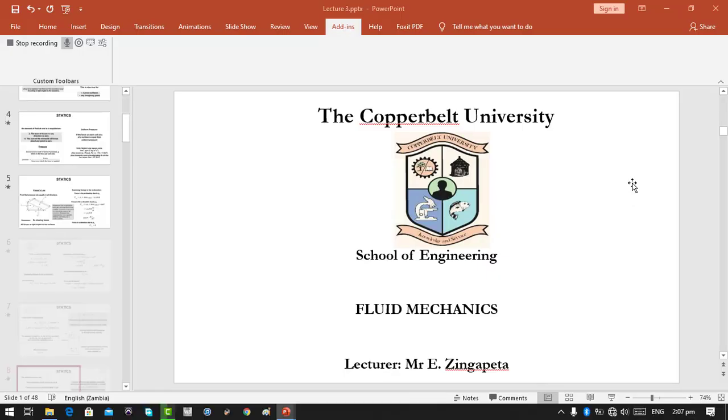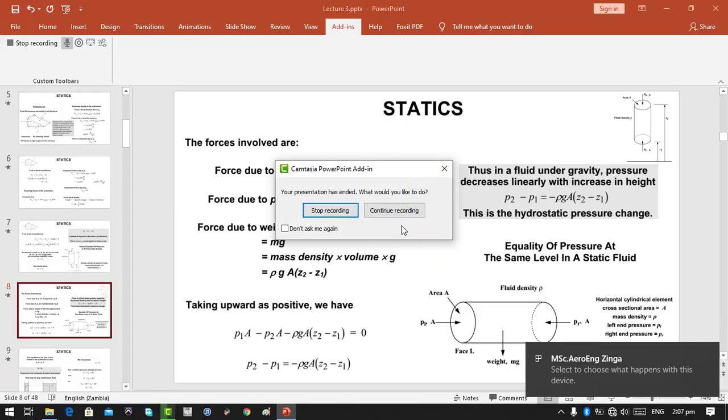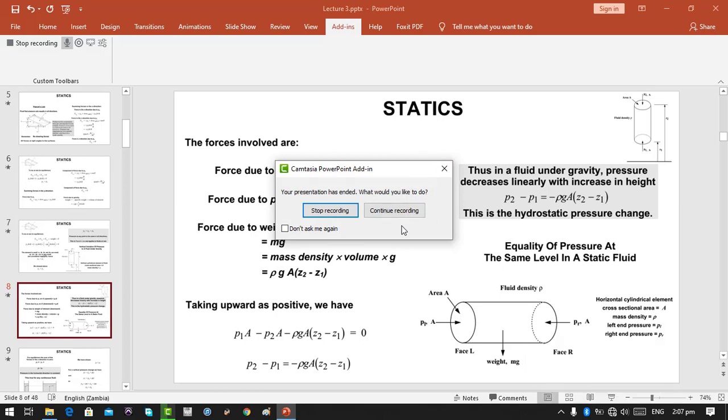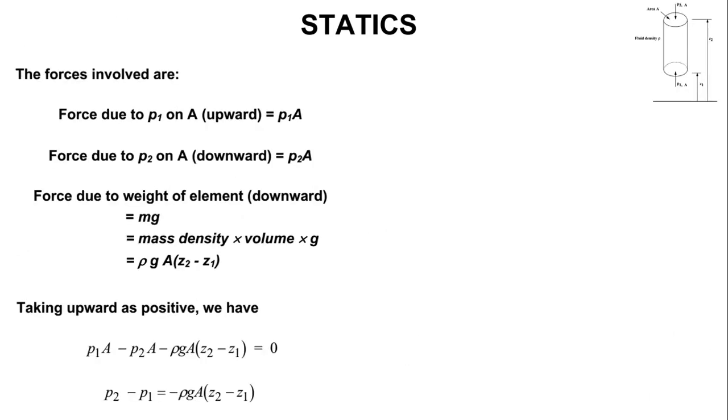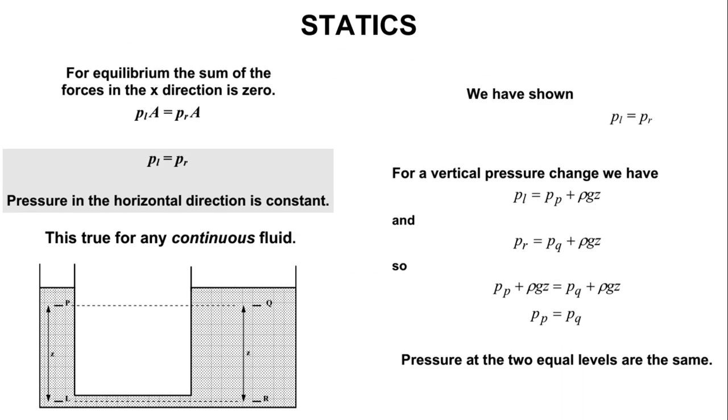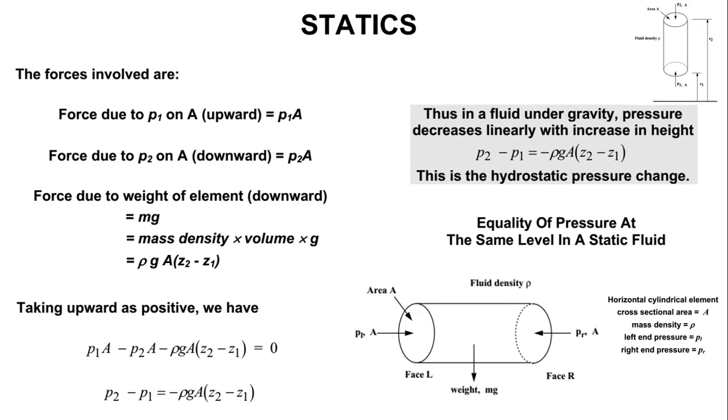So the change in pressure is equal to negative rho g multiplied by the change in height, which is Z2 minus Z1.